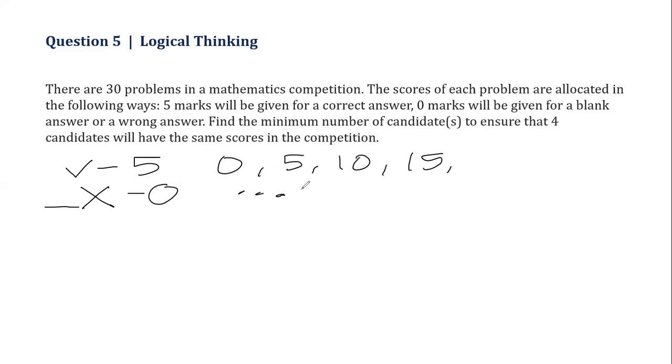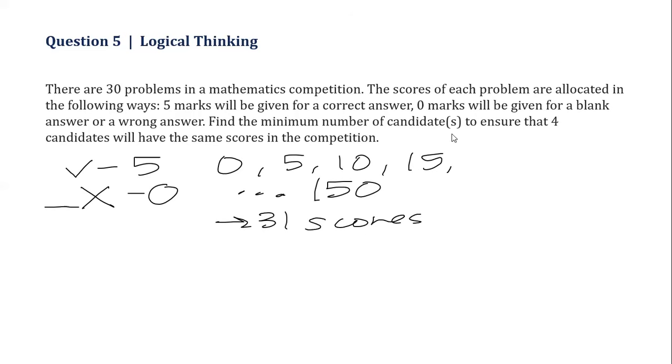Basically, just multiples of 5 until 150. So if you count this, you should get 31 possible scores.